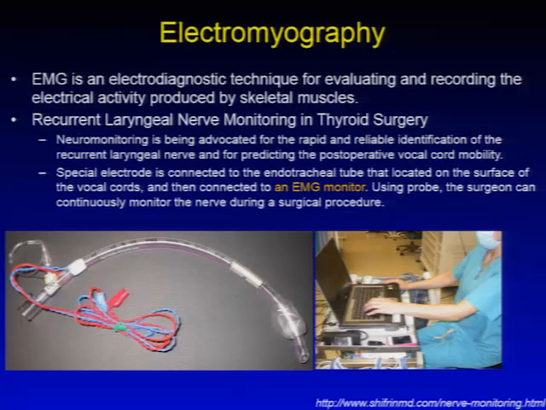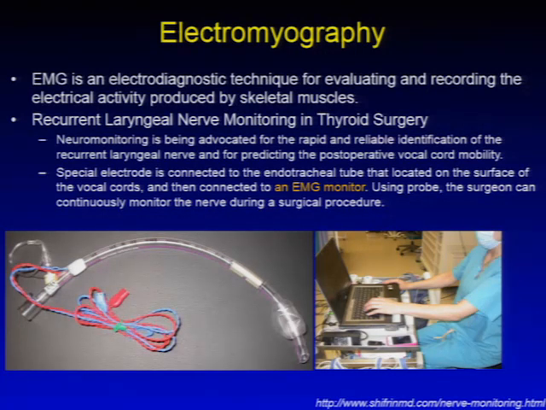The electromyography can be used especially for the protection of the recurrent laryngeal nerve, monitoring during thyroid surgery. So you attach the sensor device to the endotracheal tube, and monitor the vocal cord movement or EMG in a continuous fashion.